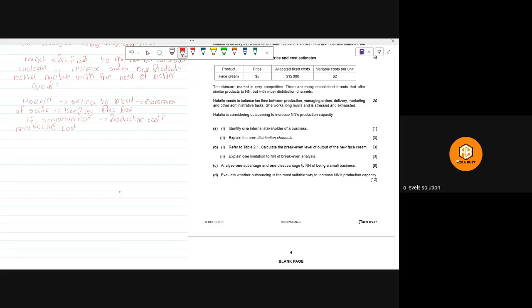This is significant because CB's profit has already fallen from 22 million to 20 million. So cost control is really important.